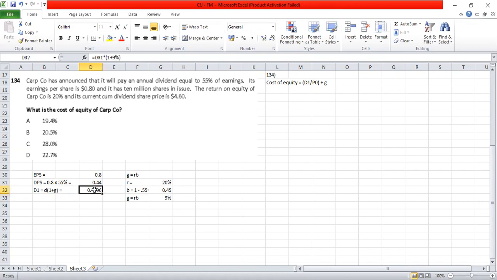So we got dividend D1 as 0.4796. So D1 we know, we know what G is.